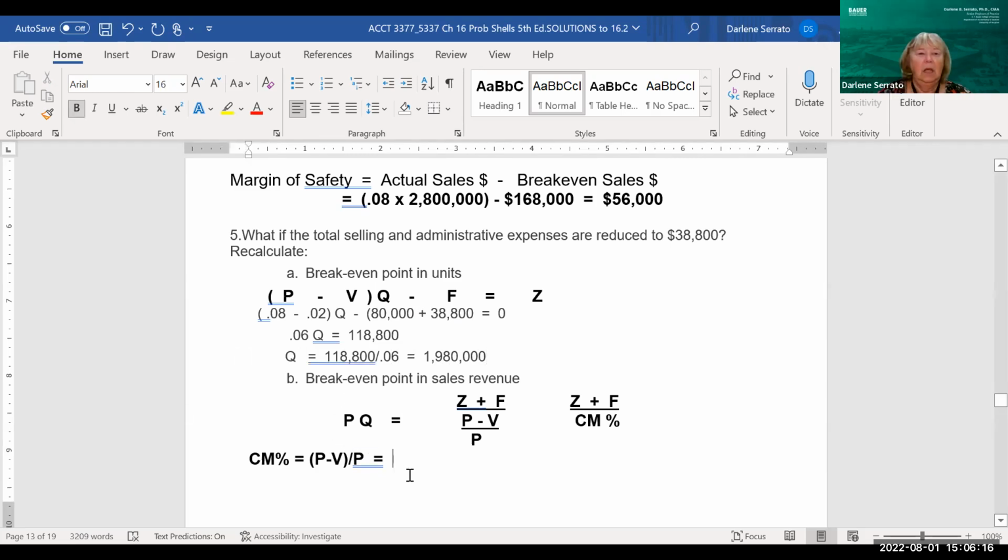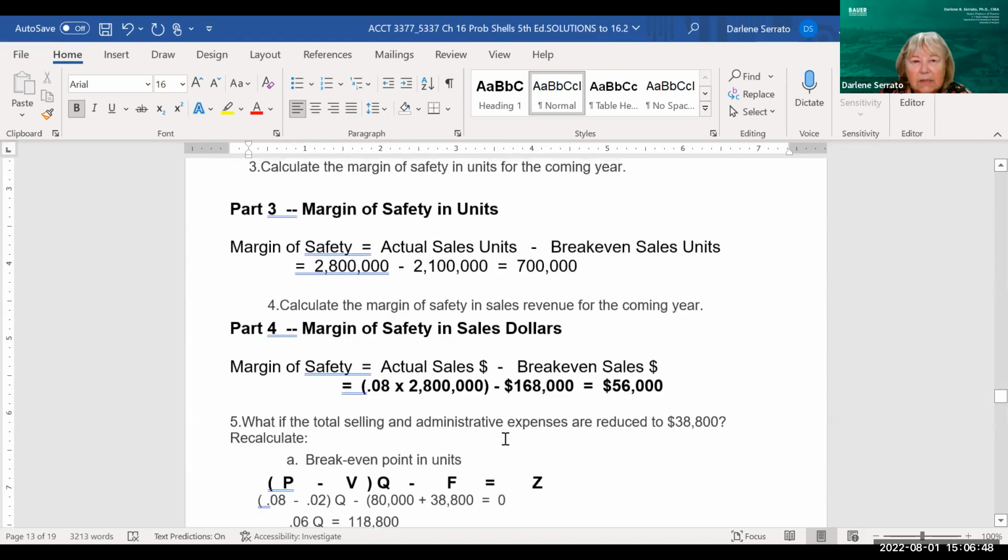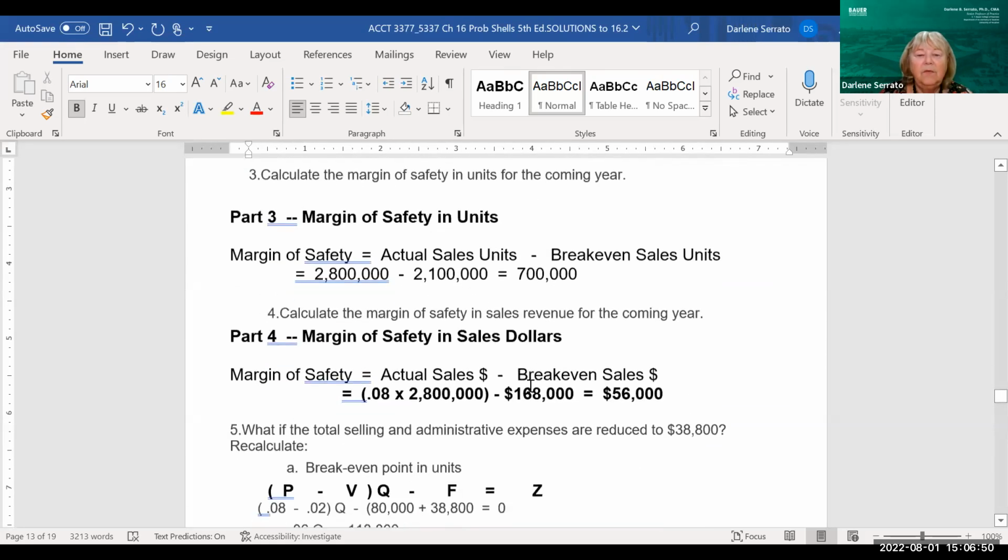Okay. And break-even point in sales revenue, it should be 0 plus 118,800 divided by, what was it? 0.75.